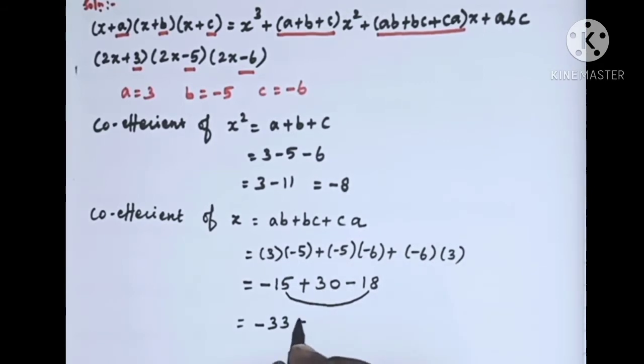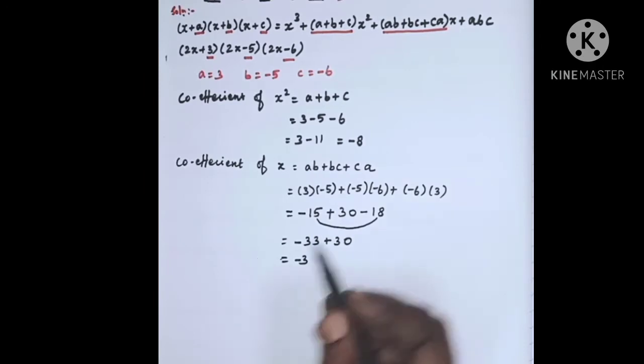And then here we have plus 33. So minus 33 plus 33. Subtracting these two numbers we get 3. And the sign of the larger number, which is the larger number here? 33 is the larger number. Sign of the larger number is minus. So put minus. Minus 3 is the answer for the coefficient of x.